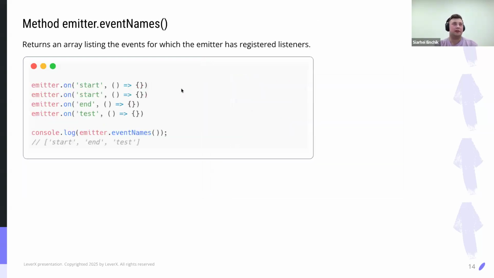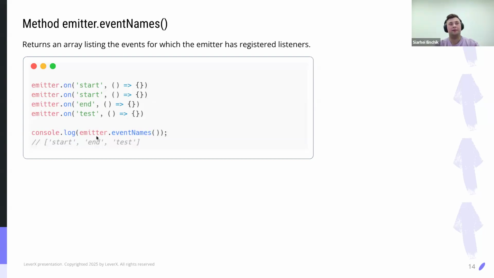Then let's take a look at event names, and this method can also teach us something. As you can see here, we have two event listeners which are being registered to be invoked on the start event. Two others have different event names, end and test.